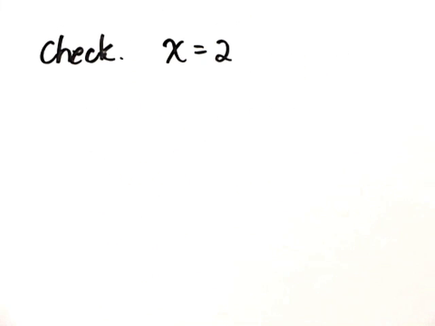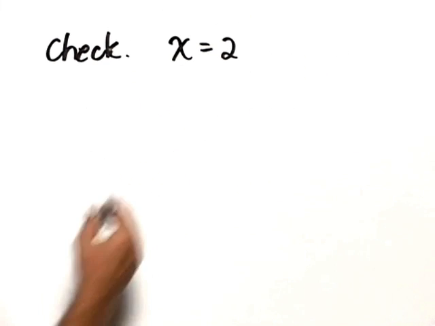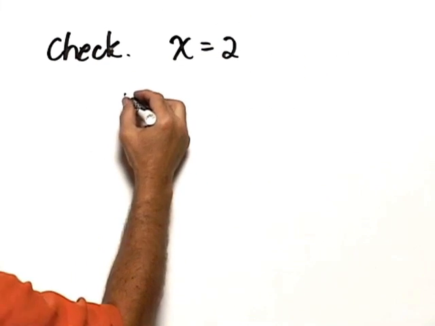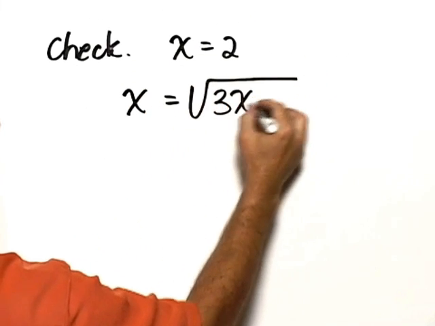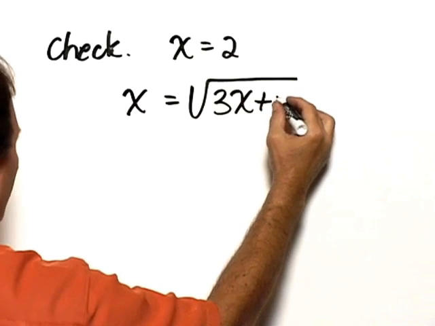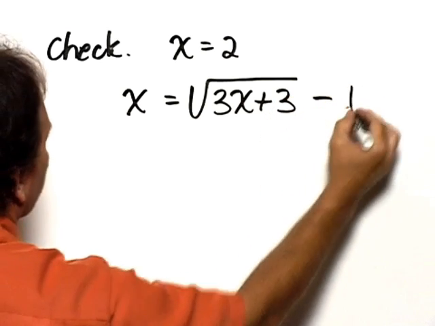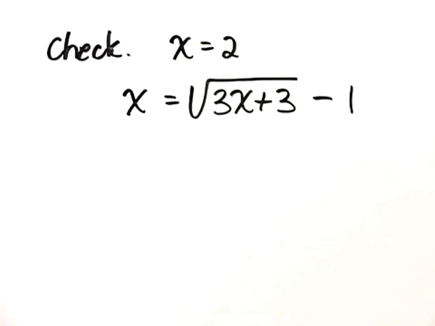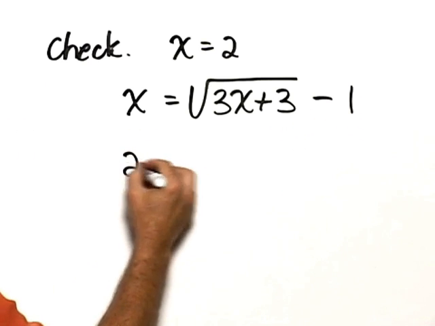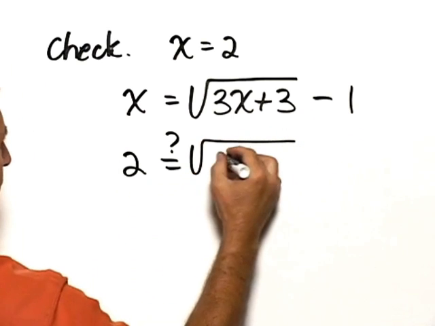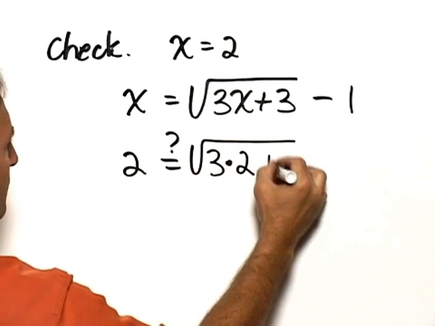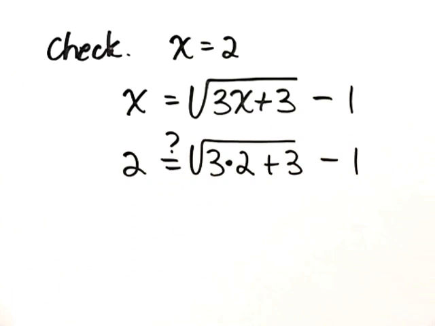So we check first x equals 2. We substitute 2 into the original equation, and the original equation, remember, is x equals the square root of 3x plus 3 minus 1. So we would have 2 equals, question mark, the square root of 3 times 2 plus 3 minus 1.